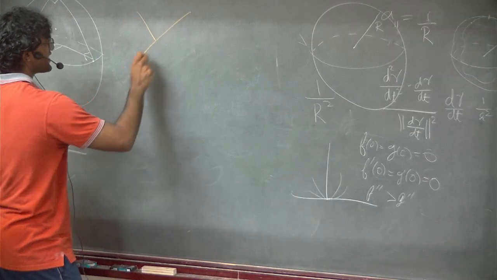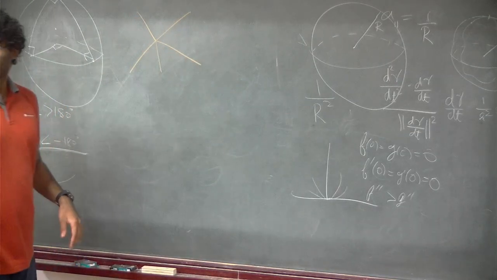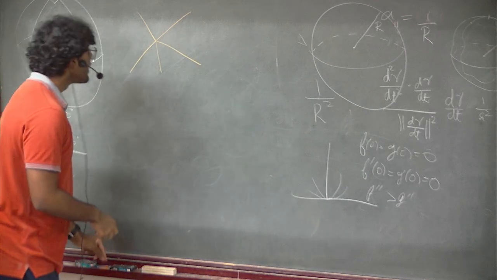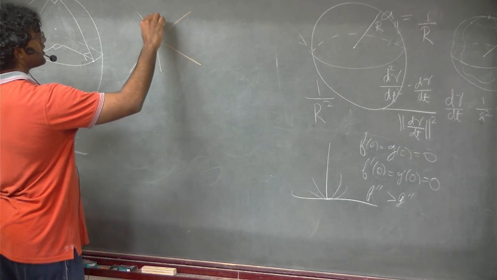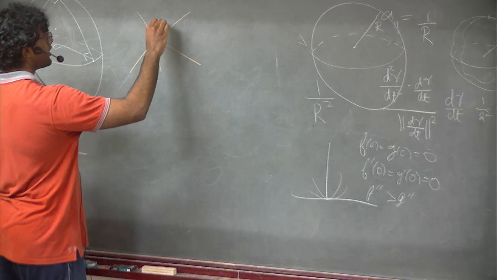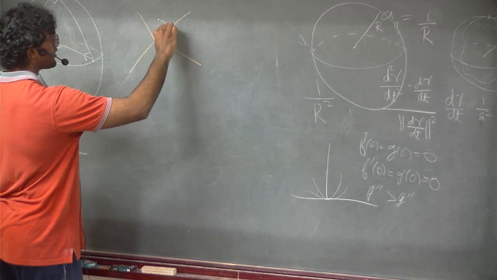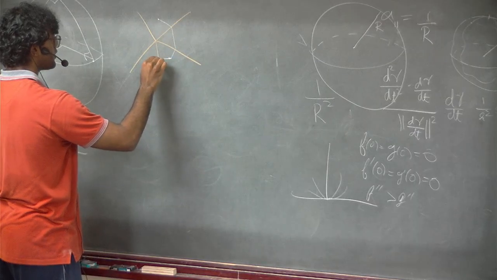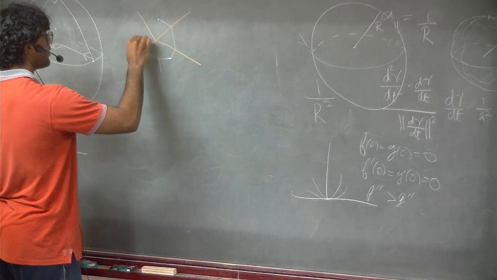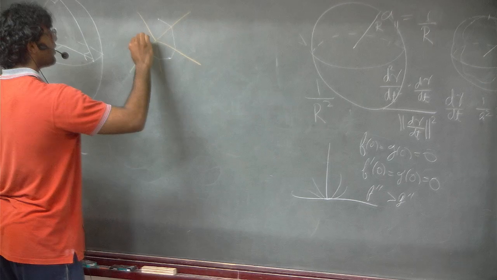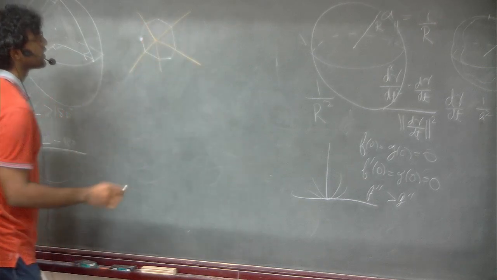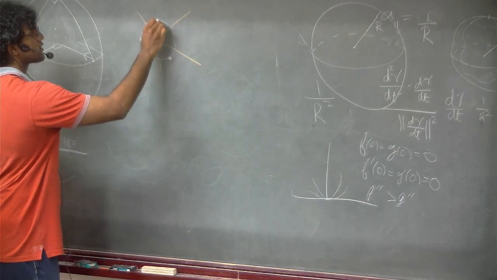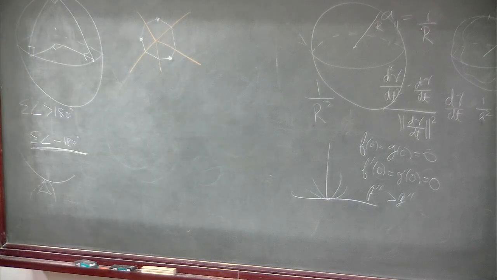Let's say these are some edges meeting at some point on our polyhedron, and I draw some triangle across them. Is everyone fine with this? I've picked 3 points and I'm drawing a triangle around the vertex, right?